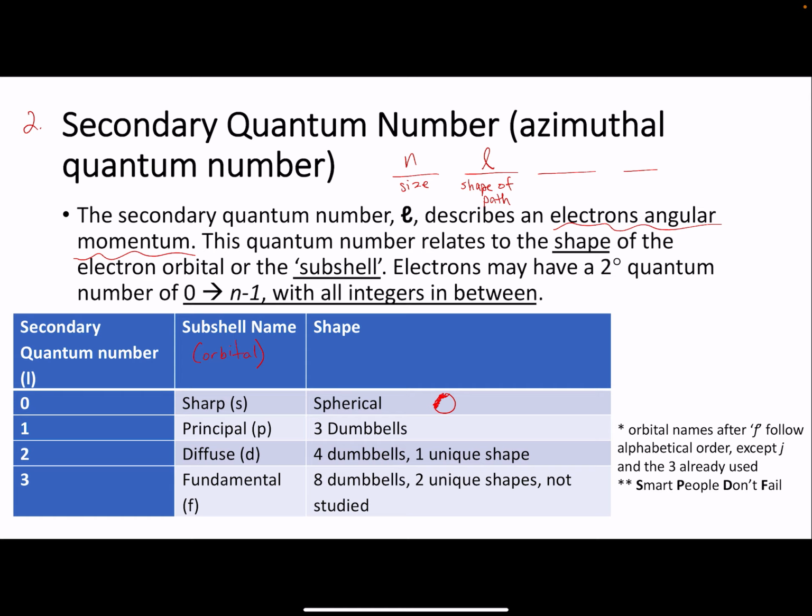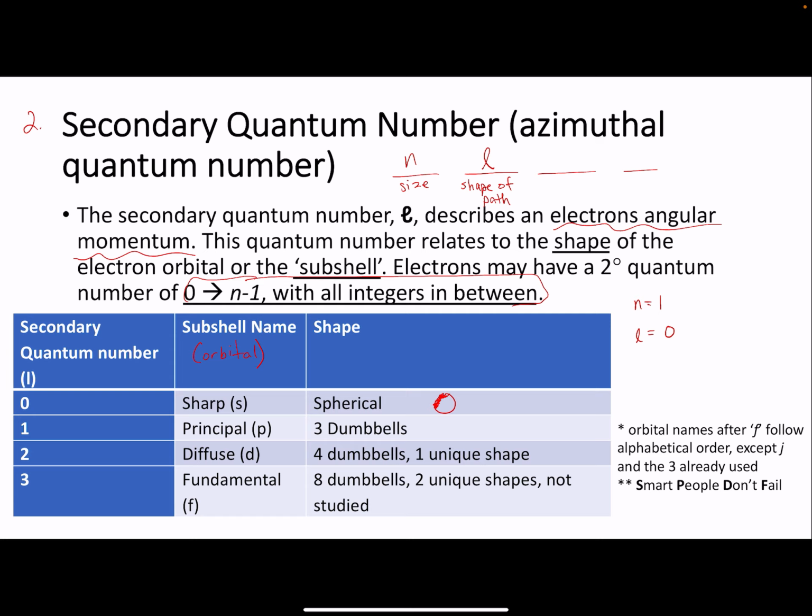One set of four numbers only applies to one electron. For the second number, it can be from 0 all the way up to n minus 1. So for the first energy level, if n is equal to 1, that means the second number can be 0, because n minus 1 is 0, that's the only option here.